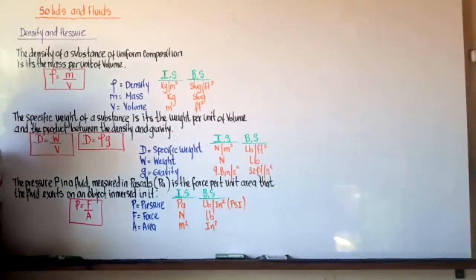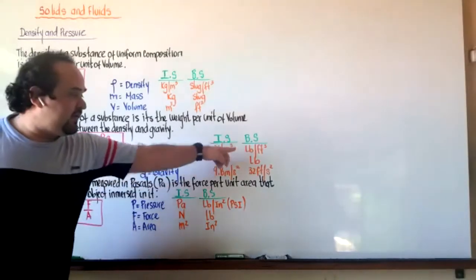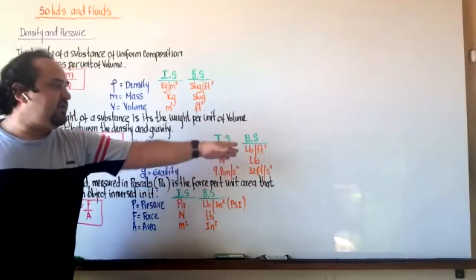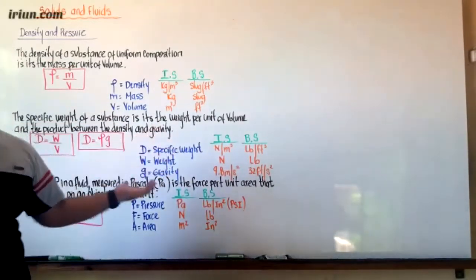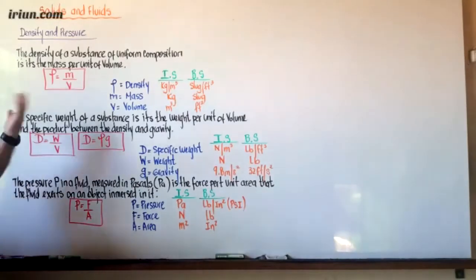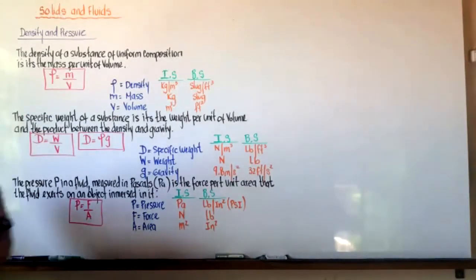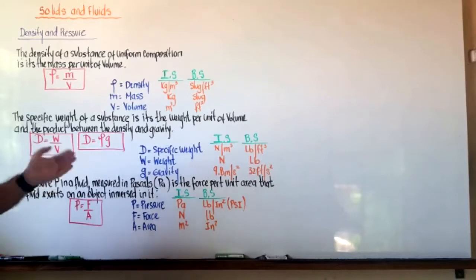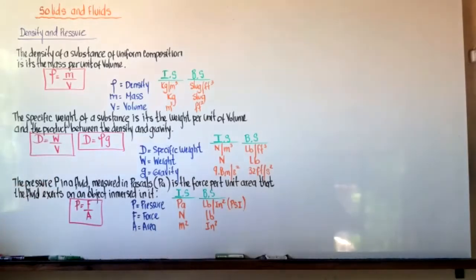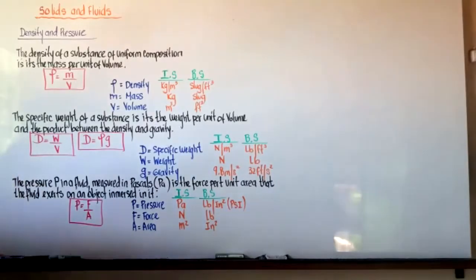In the international system it is Newton per cubic meter, and in the British system pound per cubic foot. The unit of weight, remember weight is a force, is Newton in the international system and pound in the British system. And gravity is a constant value for free-falling objects: 9.8 meters per second squared in the international system, and 32 feet per second squared in the British system. All right, this is the difference between them.